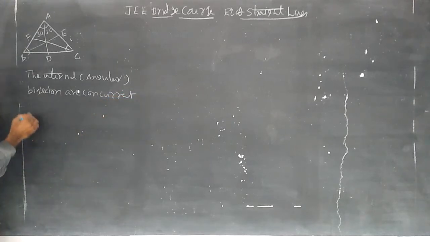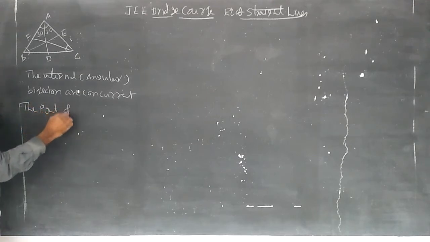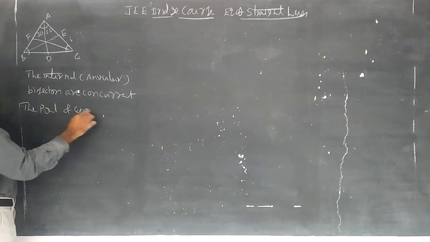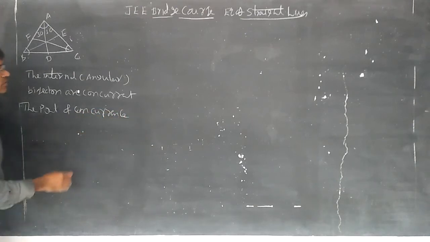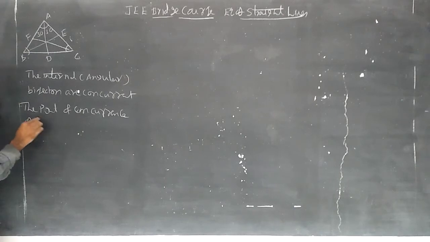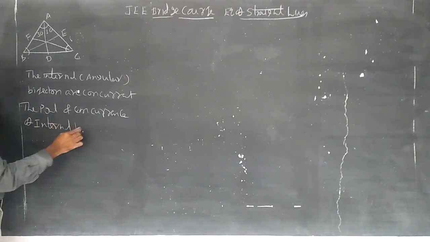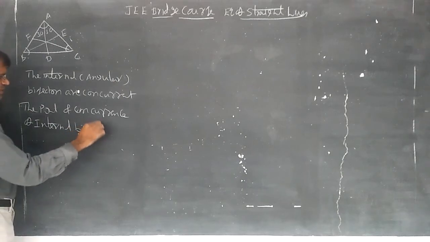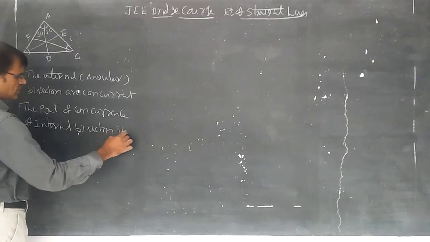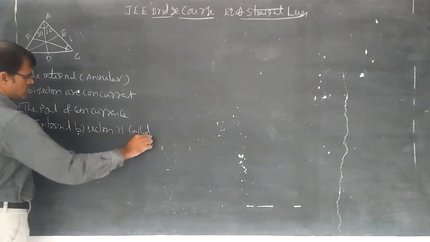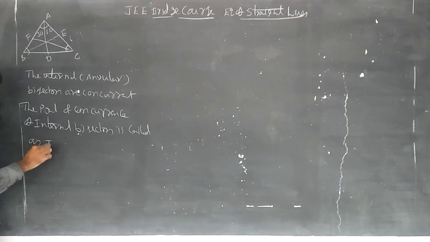The point of concurrence of internal bisectors is called the incenter.